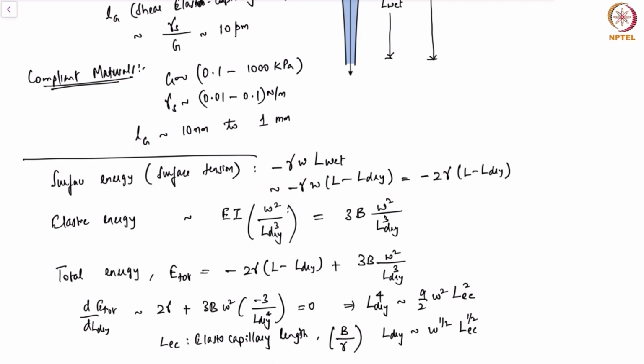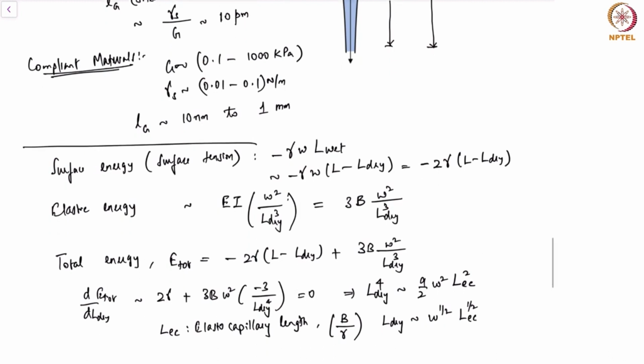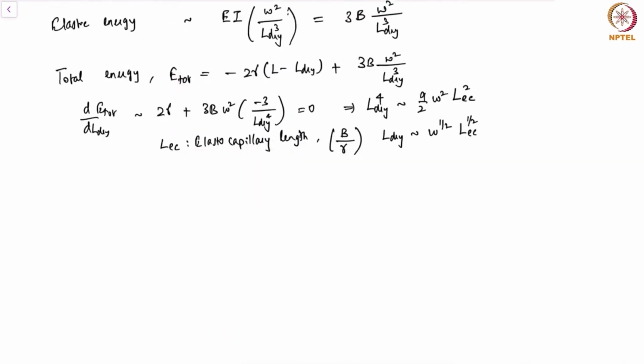So let's basically look at how this works. I'm trying to hide an experiment that we've done. So the idea is that L dry goes like B power half and L dry goes like gamma power minus half.